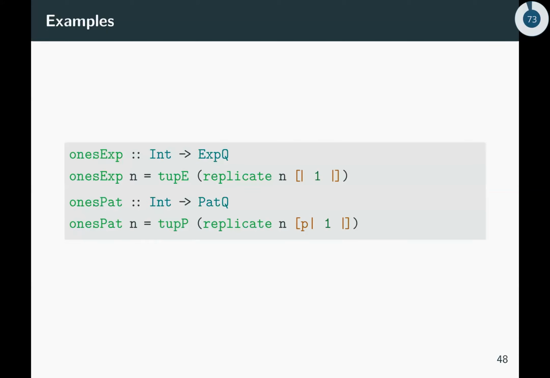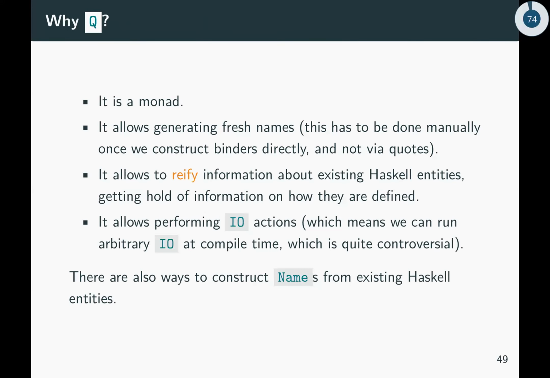Okay, this is just another example, but mine is nicer, I think. Right. And Q, I already said, is a monad. The main point is that it generates fresh names for you, and it allows you to reify information about existing Haskell entities. That we haven't seen yet.